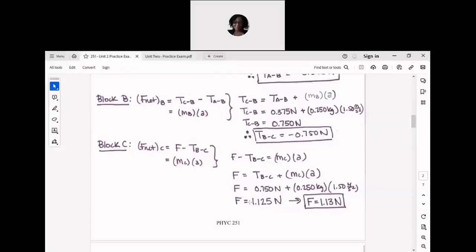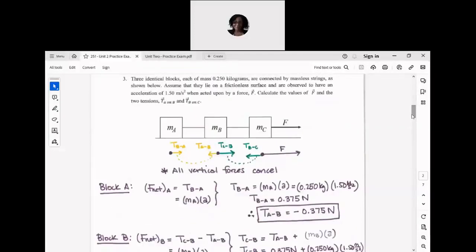So when you isolate F, you end up with a force that's larger than any of the other two that we calculated, which makes sense because the force F has to be more than what's required in order to get block C to move at a constant speed. So in other words, if the acceleration is positive, then the force acting on block C has to be larger than what would be required to cancel it out.